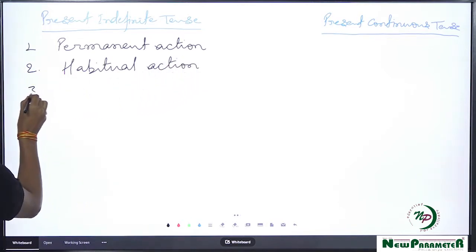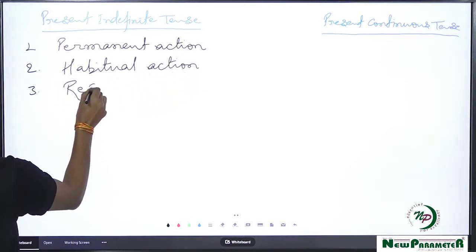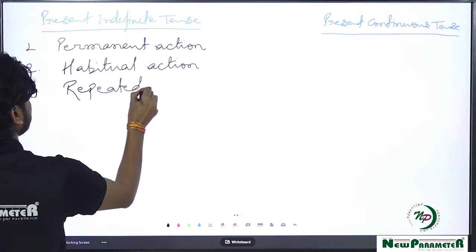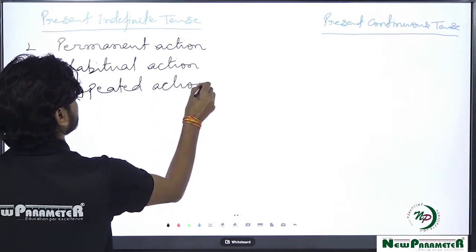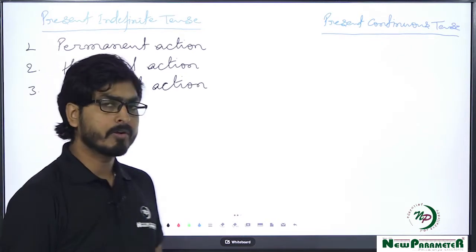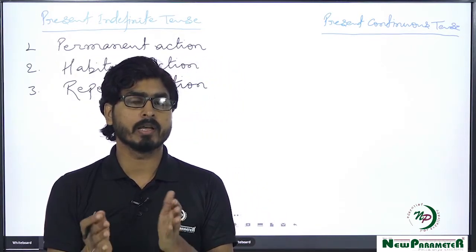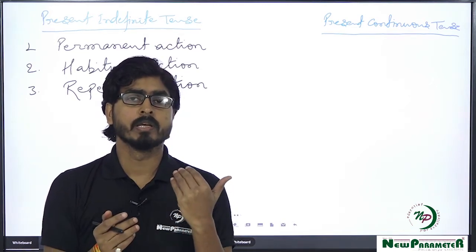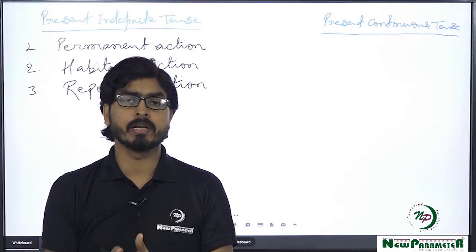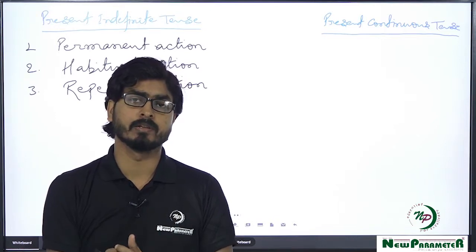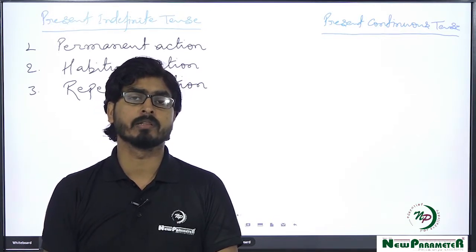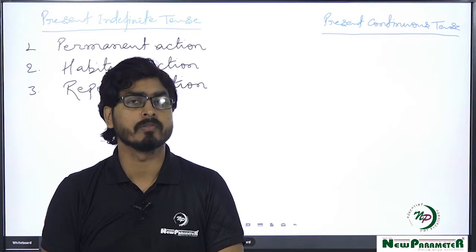We can also use it for repeated action. I mean, whatever we do in our day-to-day life, which is our habit, or which we do repeatedly, or any action which is permanent at present, that must be in present indefinite tense.